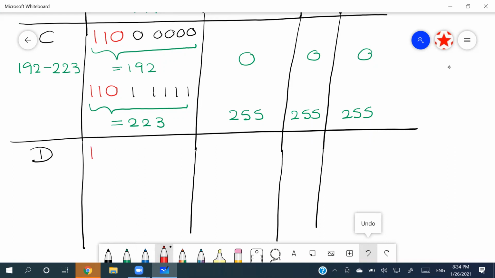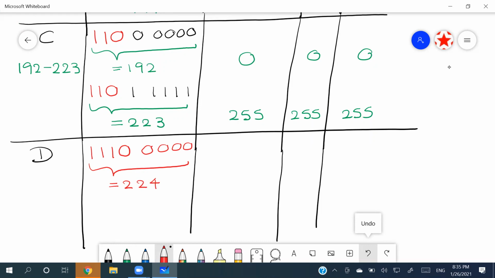So it is having 4 leading bits, 1 1 1 0. So which gives you 4 zeros that can be changed, which gives you the total as 224.